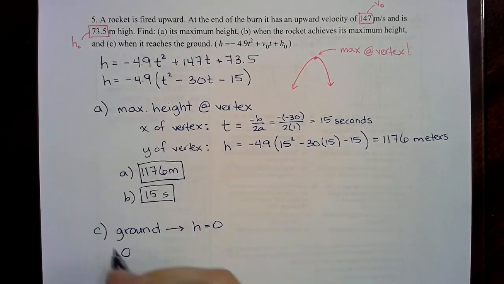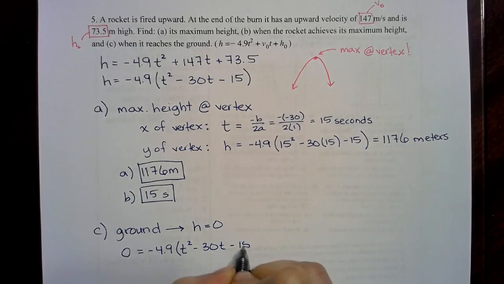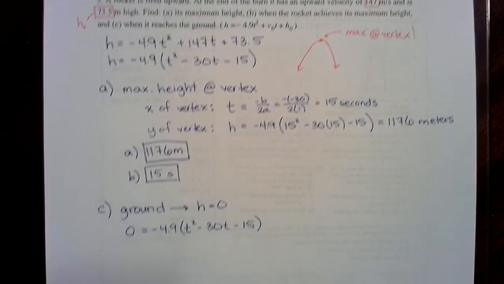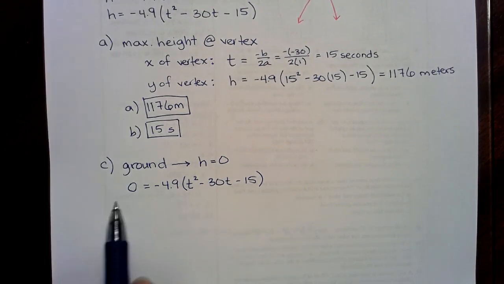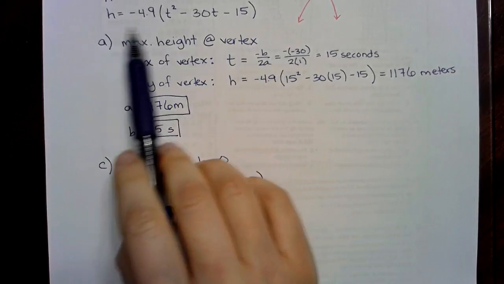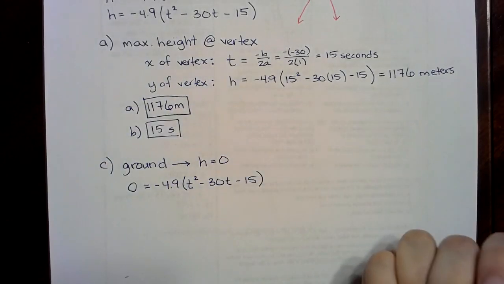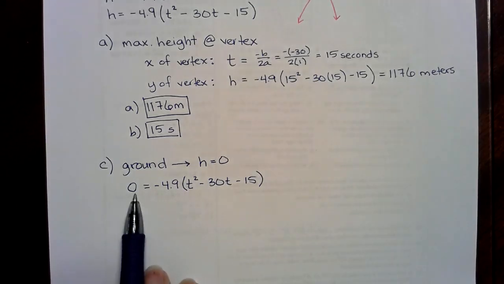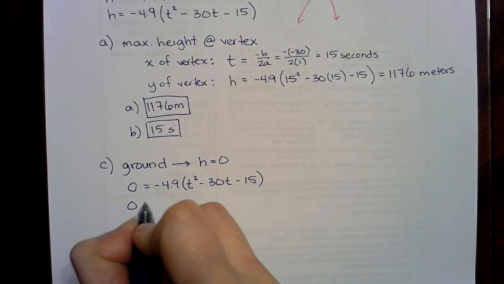So I'll replace h with 0 in my formula. And now that I have an equation here, right, here I had an h, so I didn't want to divide by negative 4.9 because that would be h over 4.9. It would get ugly. But here, now that I have 0, let's just divide by negative 4.9.